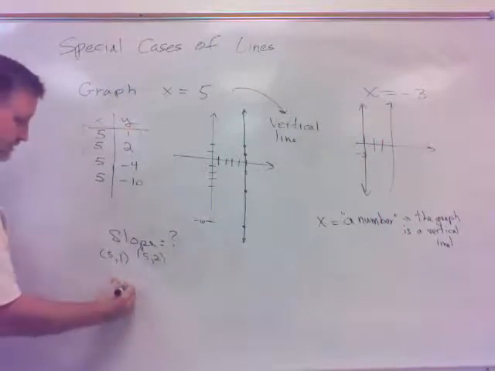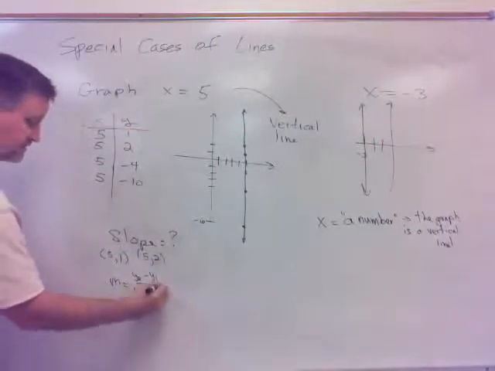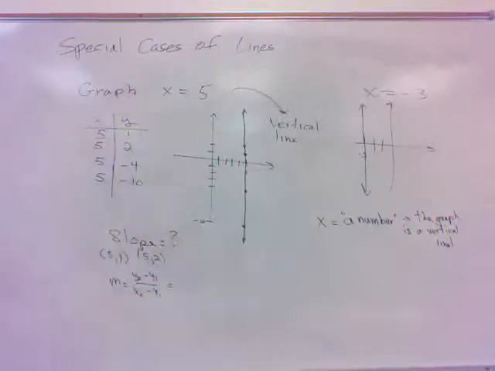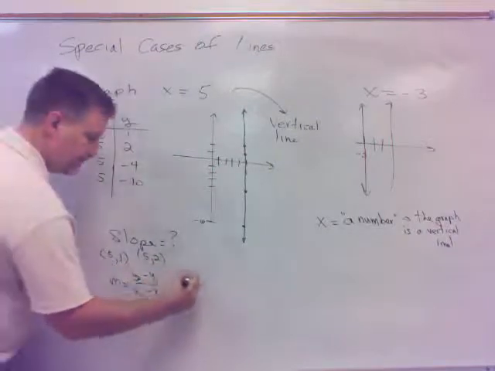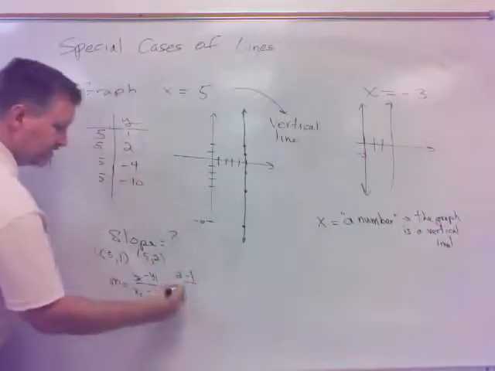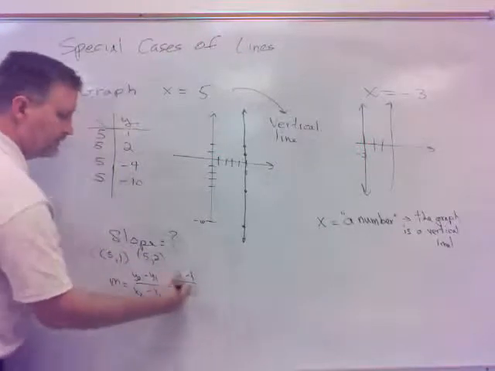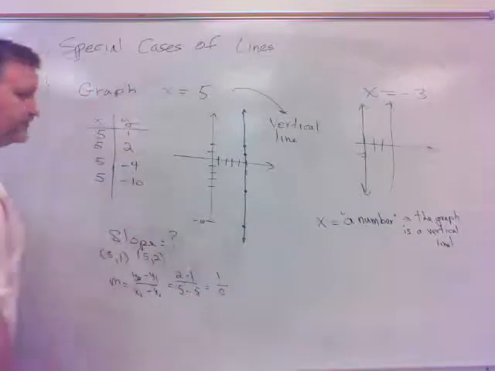M equals y2 minus y1 over x2 minus x1. Since I've got more than 2 points, but I've got those 2, let's use those. Second y, 2, minus first y, 1, over second x, 5, minus first x, 5. 2 minus 1 is 1. 5 minus 5 is 0.